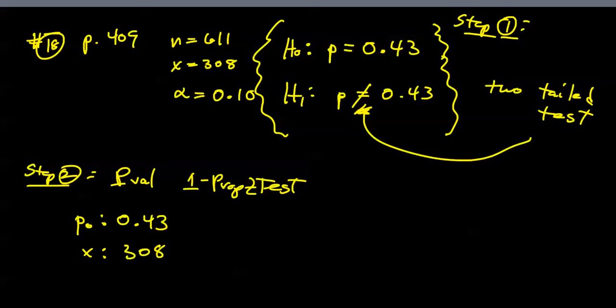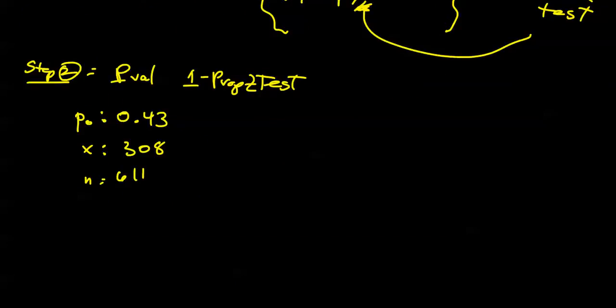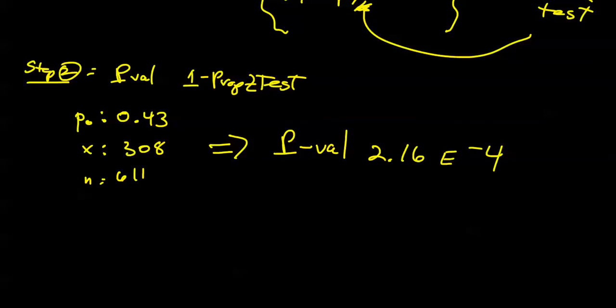That was 308. And little n is, of course, 611. Alright, I punch this out on my calculator, and from this sample data, I get a p-value. Remember, it's the third line on your results screen. Your p-value is 2.16 e minus 4. Now remember, this is scientific notation. In decimal, it would be equal to 0.000216, a very small number, right?